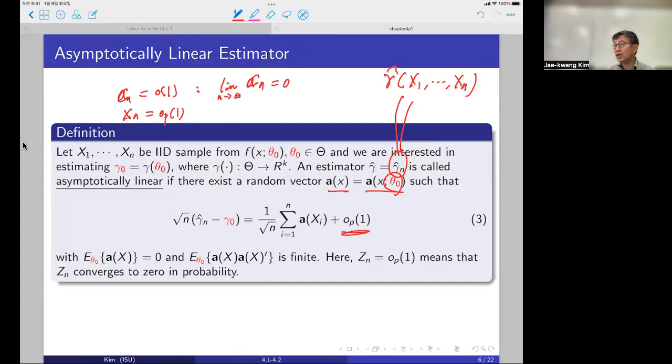So this is a notation for convergence to 0, but the P subscript means that it's a probability limit.